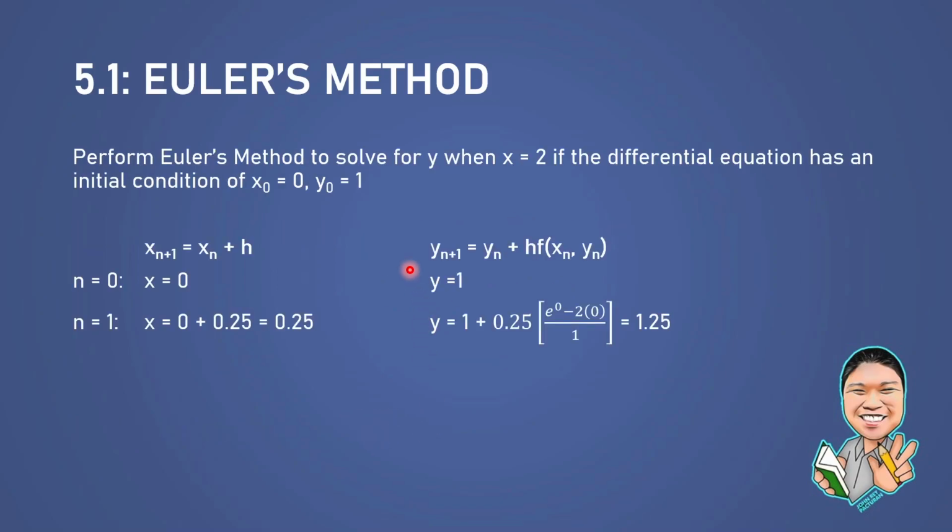So this will be the solution. e raised to x, what is the initial point? Look, 0 minus 2 times 0 all over y, which is 1. So, our answer is 1.25.